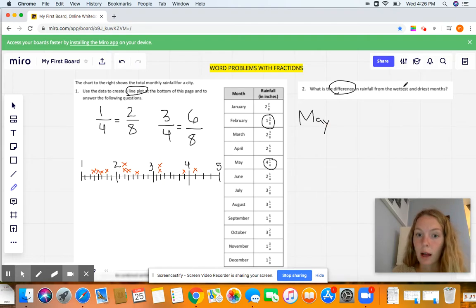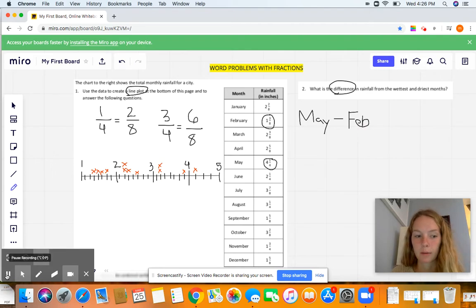And our driest is February, 1 3/8. So we'll subtract February from May, and we'll see what we get. I'm going to pause the video again and I'll show you my work.